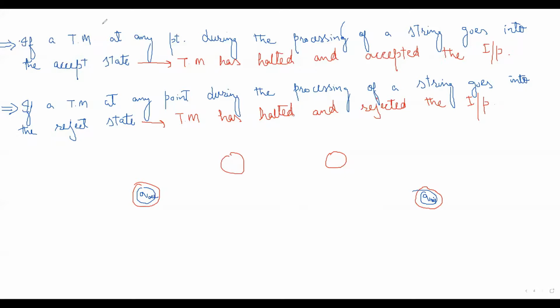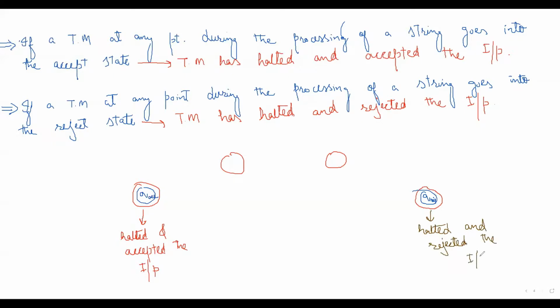If the Turing machine goes into the accept state at any point, we will say it has halted and accepted the input. However, if it goes into the Q reject state, we will say the Turing machine has halted and rejected the string, or the input.